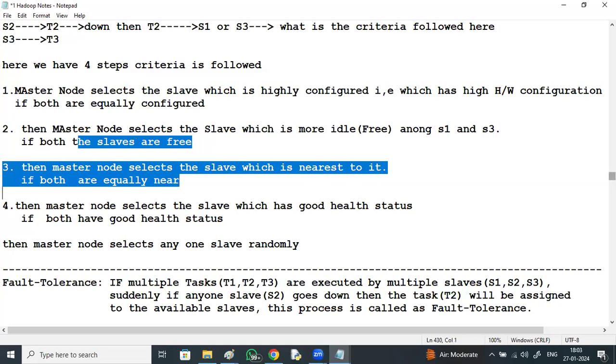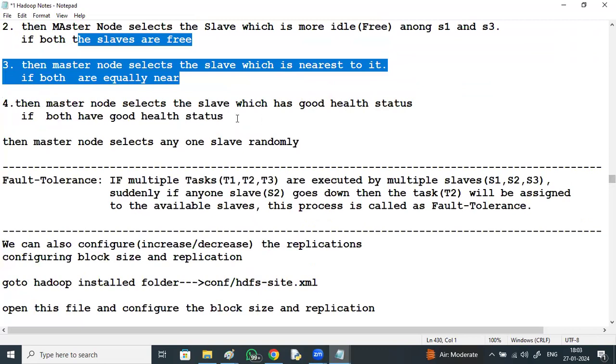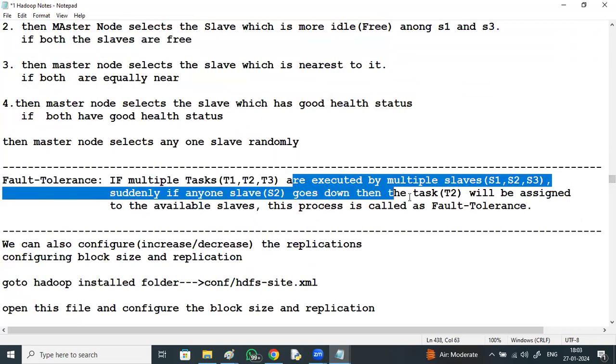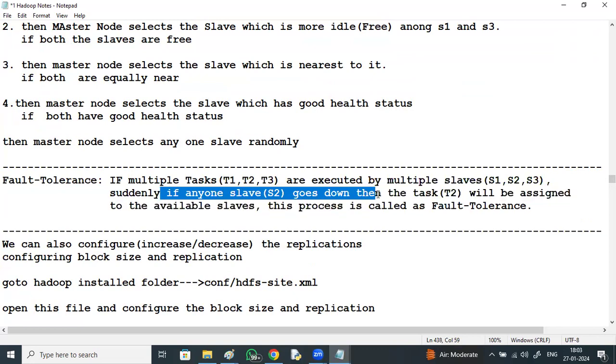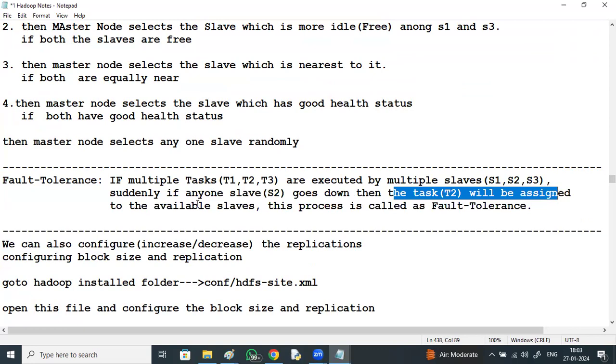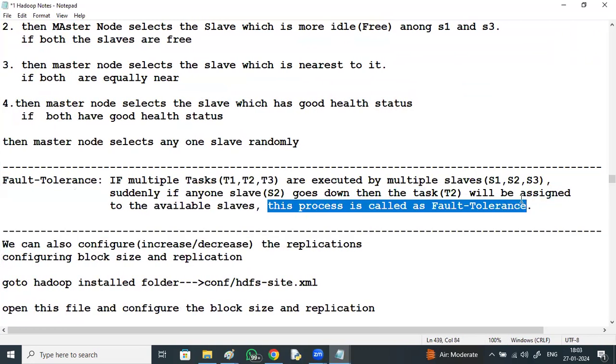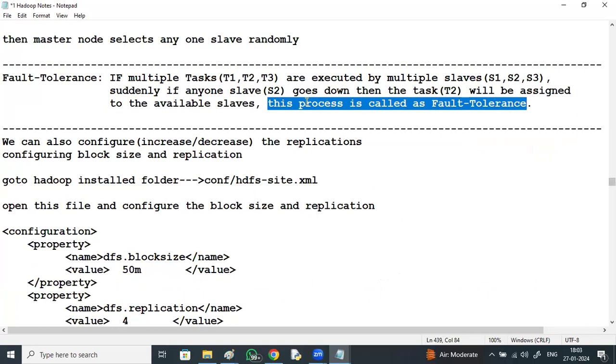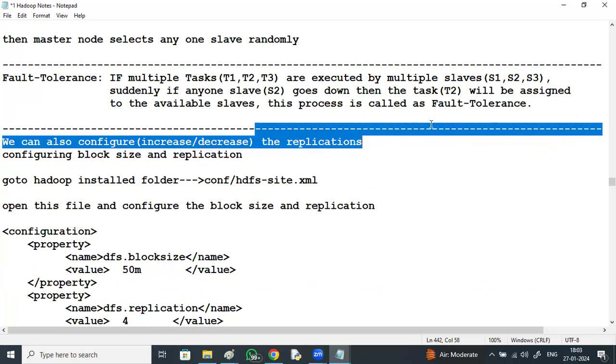What do you mean by fault tolerance? If multiple tasks are executed by multiple slaves and suddenly any one slave goes down, then its task will be assigned to the available slaves. This process is called fault tolerance.